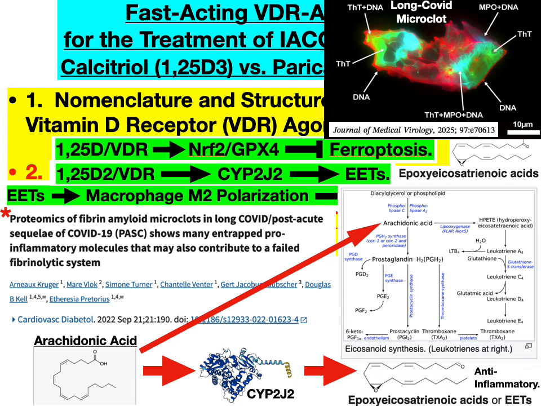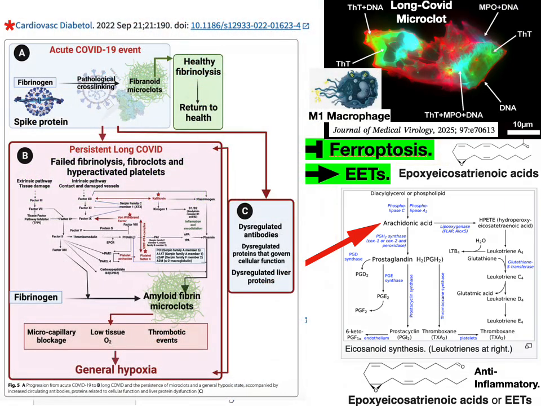It should also be mentioned that it's likely to contain the remnants of virions that were captured in the process of the formation of the microclot. So these pro-inflammatory microclots have impacts that extend beyond the acute COVID-19 event.